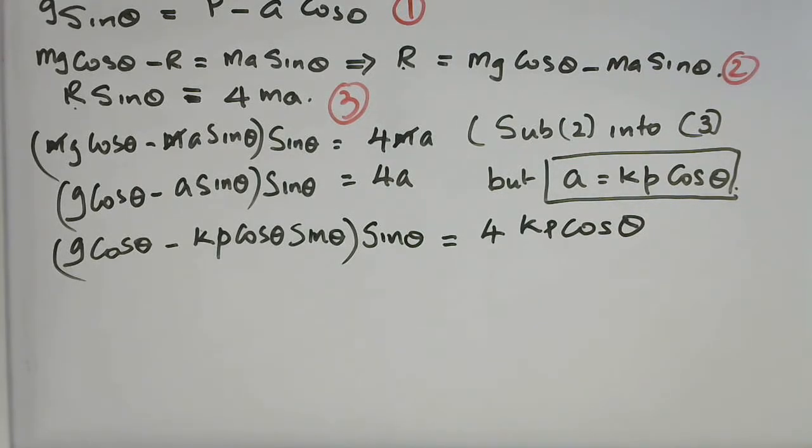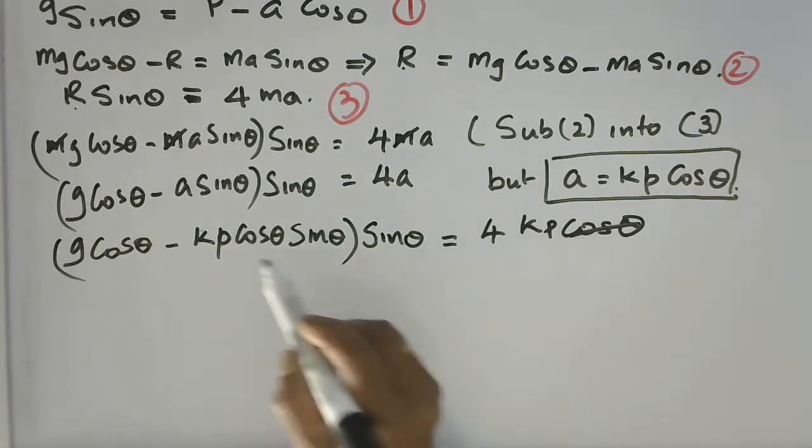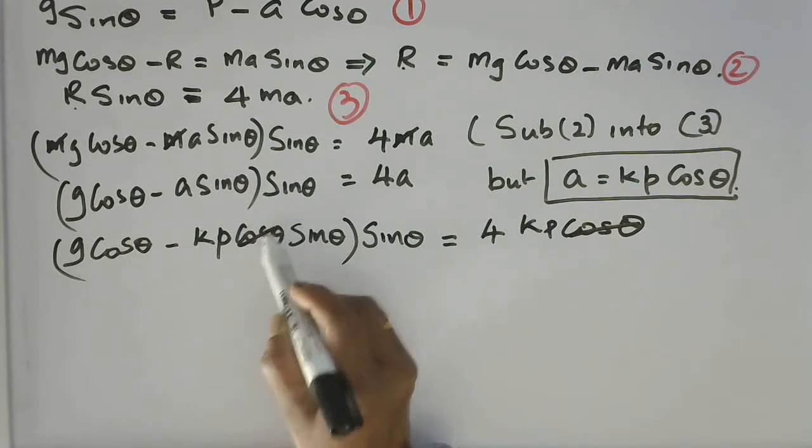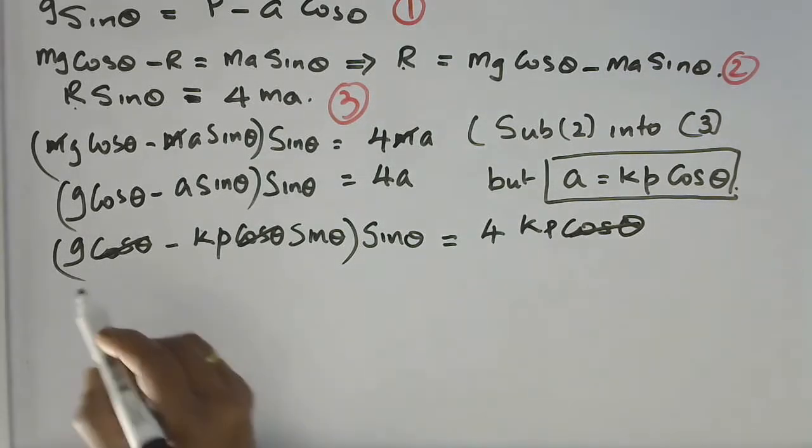Now you look at that. We have a cos theta here, here, and here, so it can be cancelled. So what will we have here?